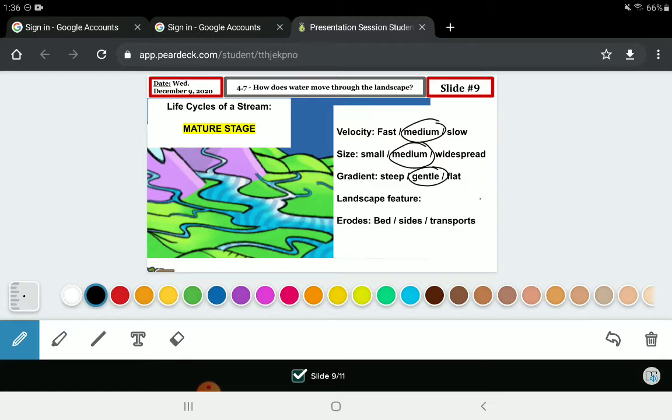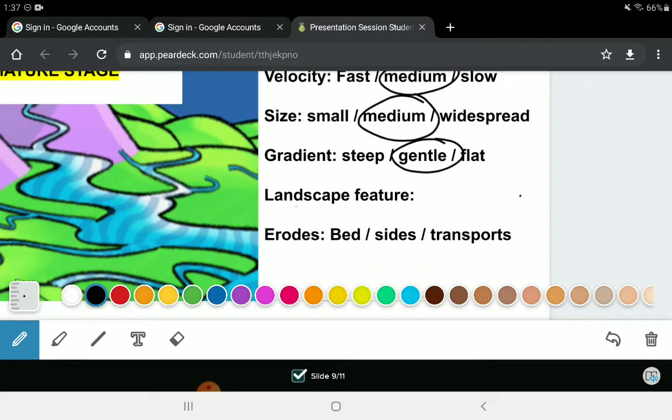So notice as it goes down and hits the open land, it slows down a little bit and it curves. And what it does is it forms something called a meander. And that's going to be our landscape feature. Our landscape features are meandering streams.